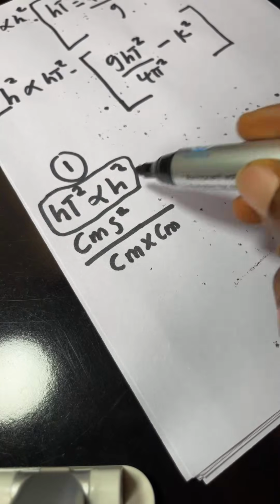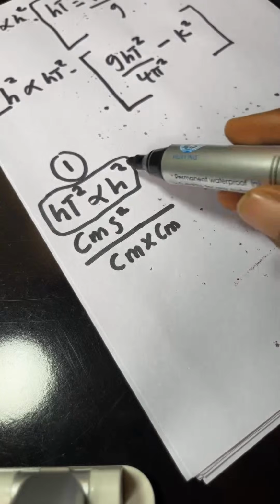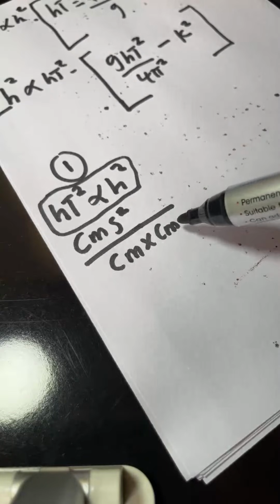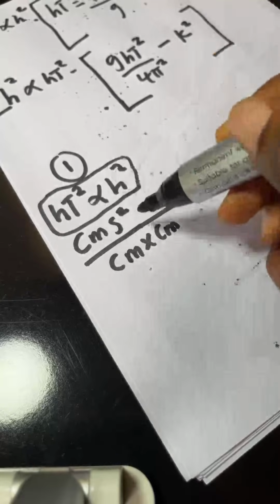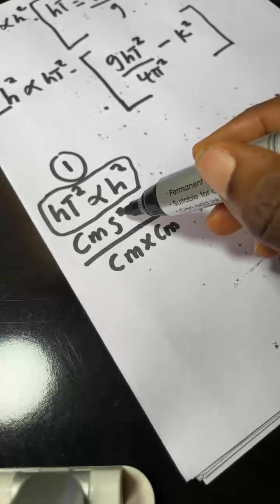Now, h is in centimeter and is in square. So therefore, this will be cm times cm, which is cm all squared. The same thing applicable to this. Cm s square. You can say s times s.